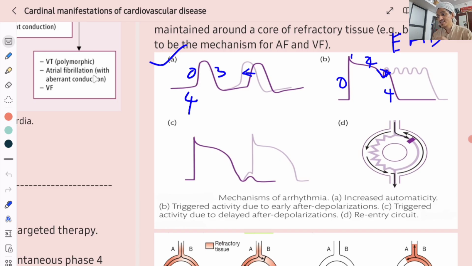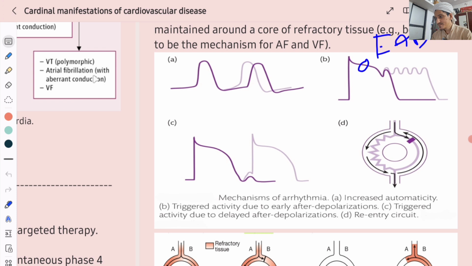If they reach some threshold, L-type calcium channels will open and there will be generation of arrhythmia like this. This is an example of early afterdepolarization, which occurs in phase 2 or phase 3.